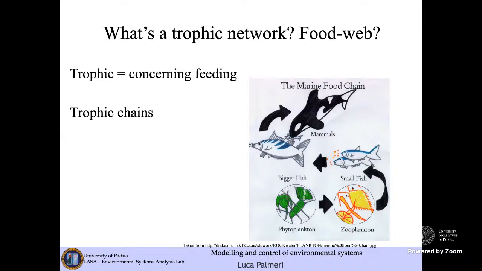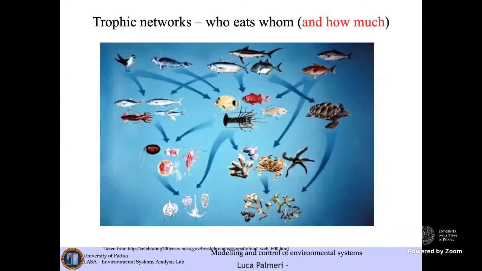So the idea is that, for example, if you look at a marine food web chain, in chain terms, you start from phytoplankton, which is predated by zooplankton, which in its turn is predated by small fishes, mammals, and so on. The idea is that of trophic chains of grazing. Grazing means transfer of primary production from one compartment to another.